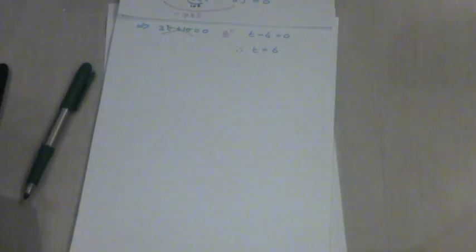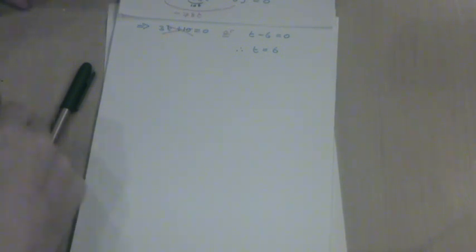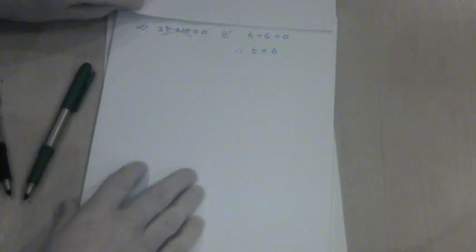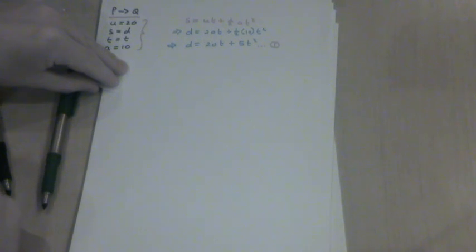Now that represents the time travelling from P to Q, but we're actually looking for the distance from P to Q. We can look back and use either equation number 1 or equation number 2, but equation number 1 would be an easier one to use.